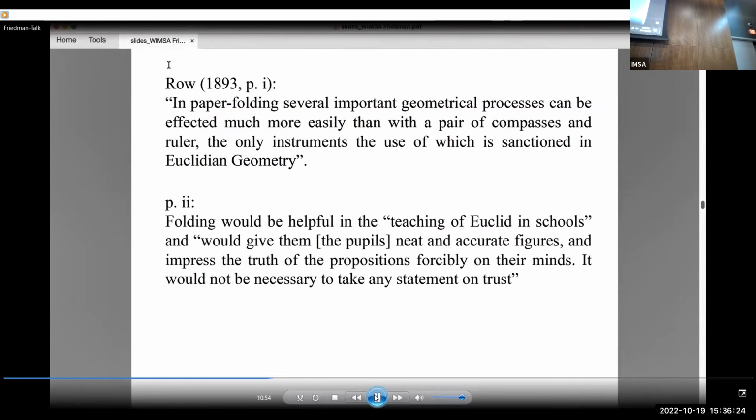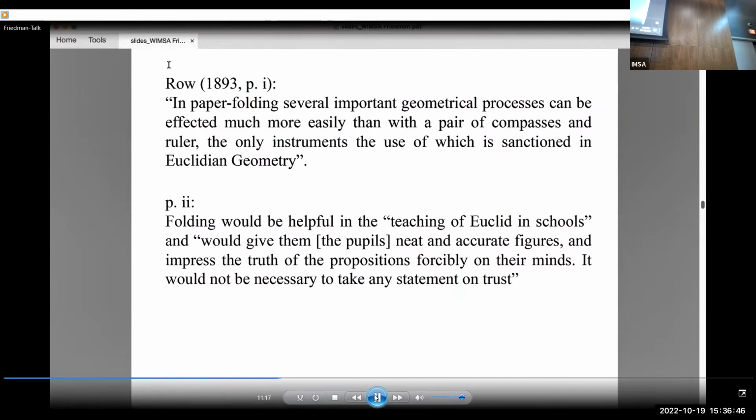It would not be necessary to take anything on trust. Hence, the pupil would not need to accept theorems without any justification. Rather, the pupil would be able to resort to manual and visual reasoning based on folding when dealing with geometry.